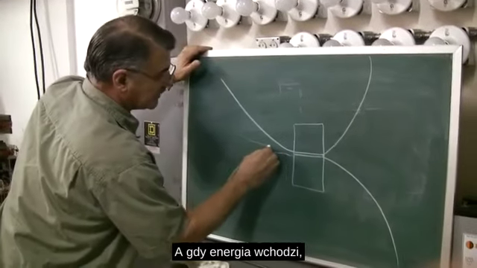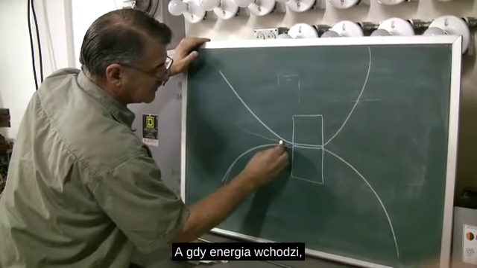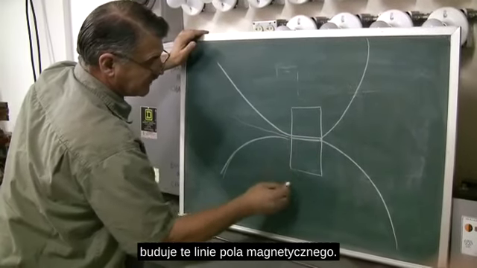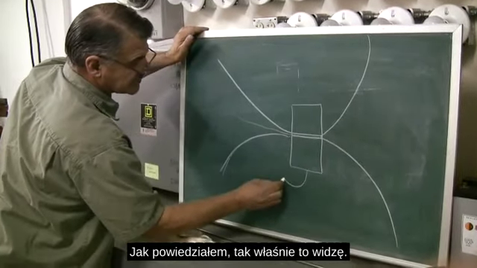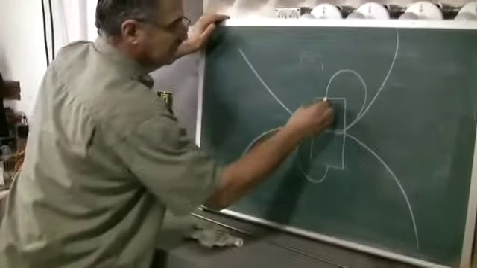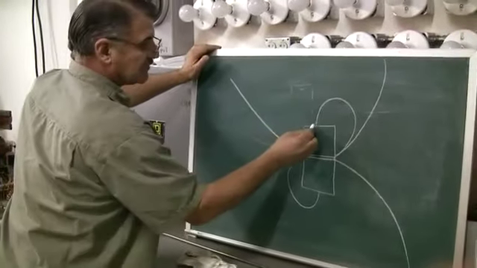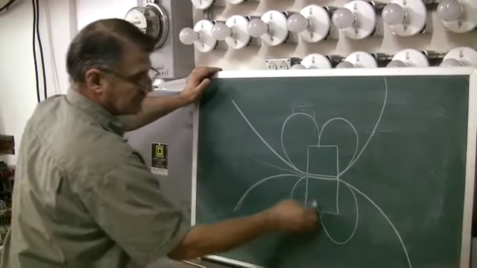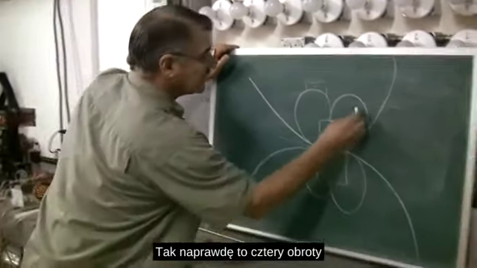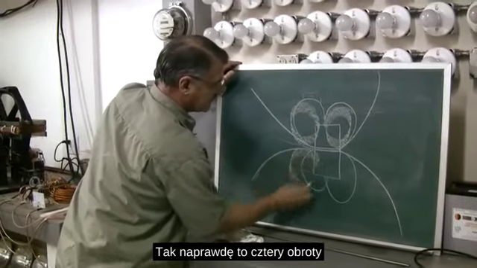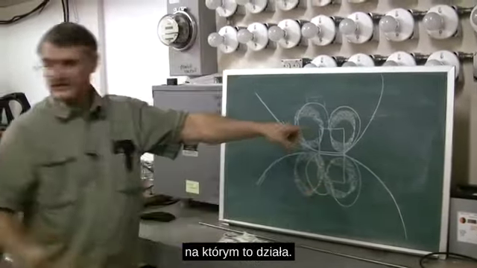And as the energy enters in, it builds these magnetic field lines. Like I said, this is the way I believe it is. So it's actually 4 spins that this is operating on.